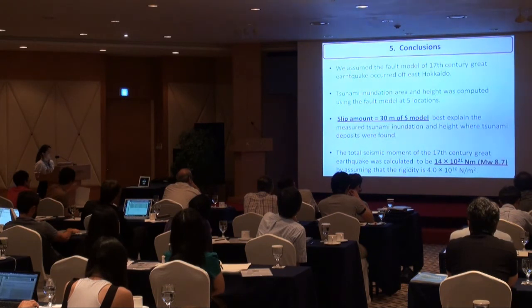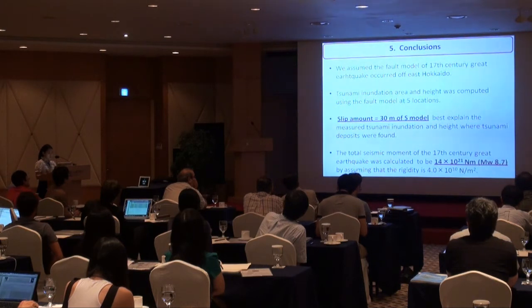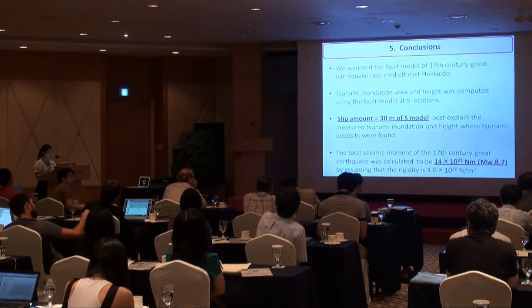In conclusion, we assume the fault model of the 17th century great earthquake that occurred off East Hokkaido. Tsunami inundation area and height were computed using the fault model at 5 locations. Slip amount equals 30 meters.